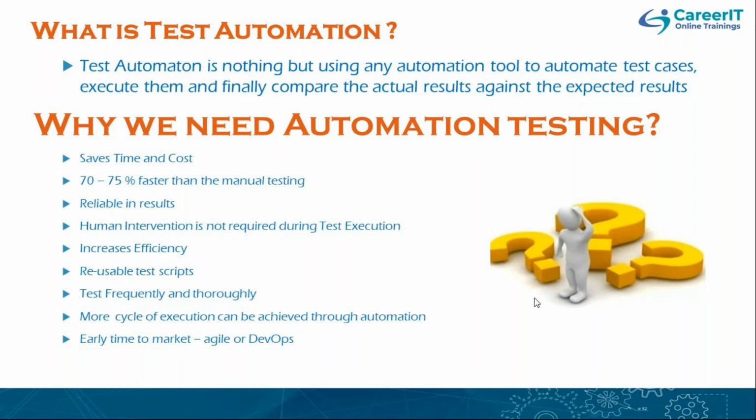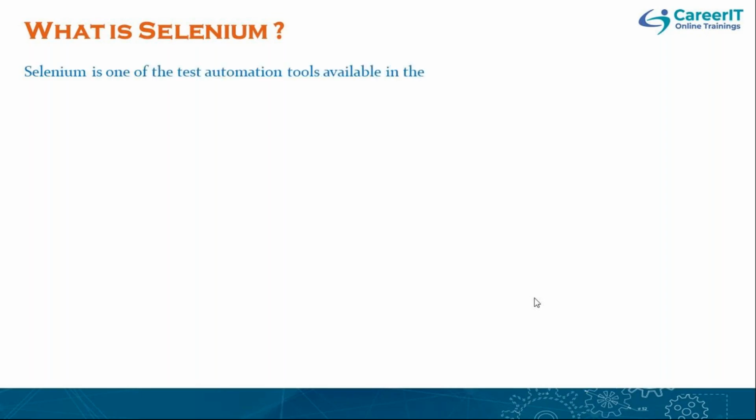Okay, so now let's go into our main topic, that is Selenium, guys. Test automation is nothing but using a particular automation tool to automate applications or test cases, right? So now we are going to discuss what Selenium basically is. It's not a formal definition, guys. Selenium is basically one of the automation tools available in the market.